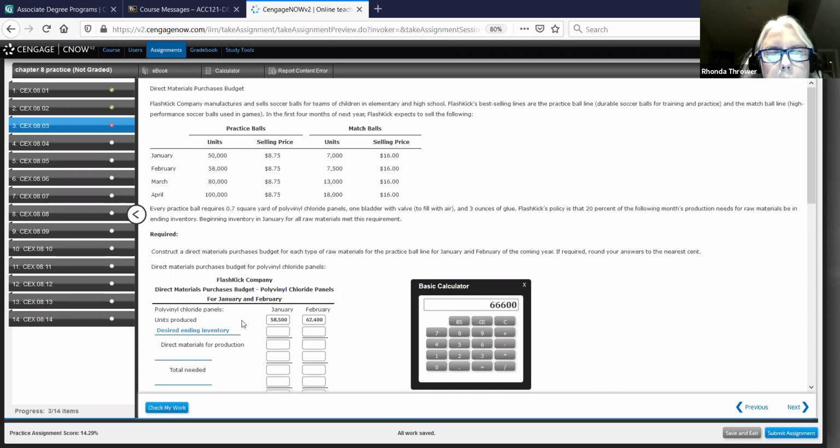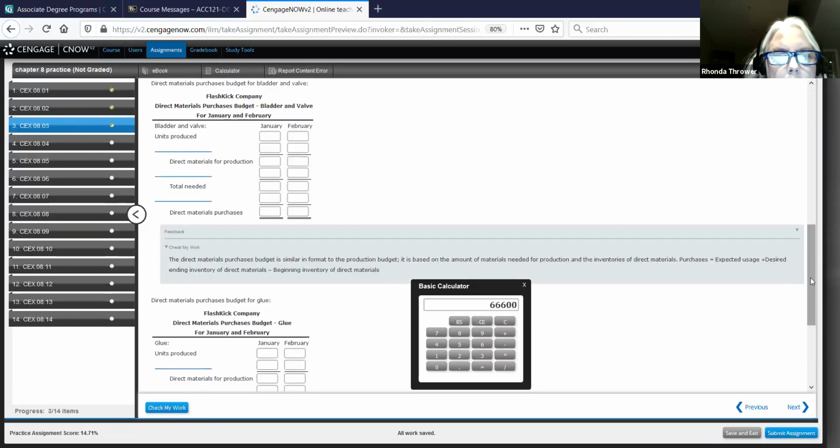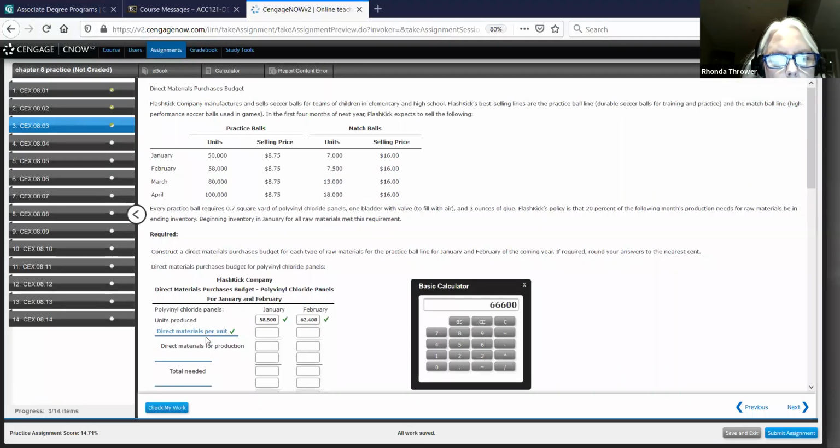So we've got to multiply this 58,500 by the number of yards it takes to produce one unit. So this right here should not be ending inventory, but it should be the direct materials per unit would probably be the best thing to put there. And I will check my work, see if that's exactly what they wanted there. And it was. So the direct materials per unit was the best answer to record there.